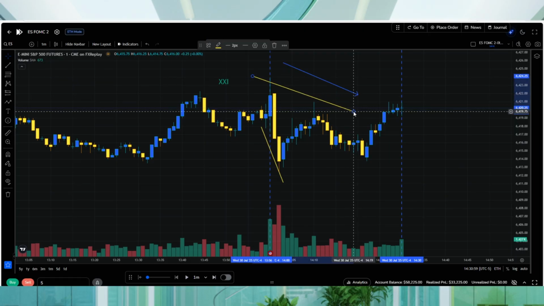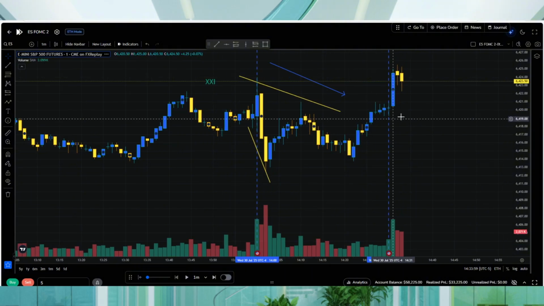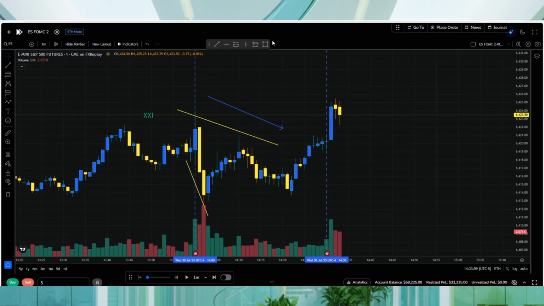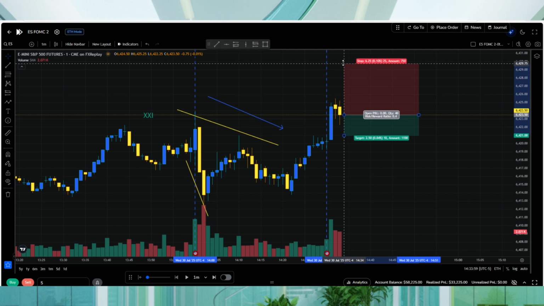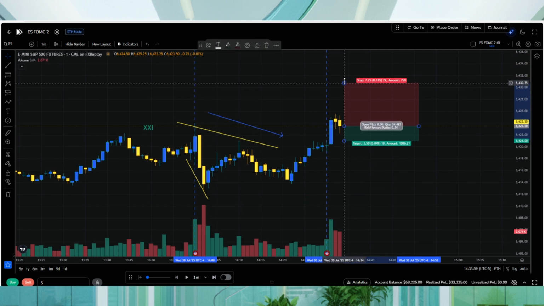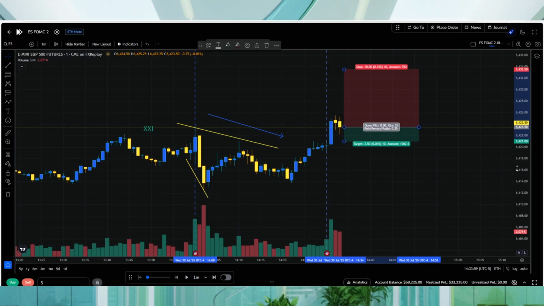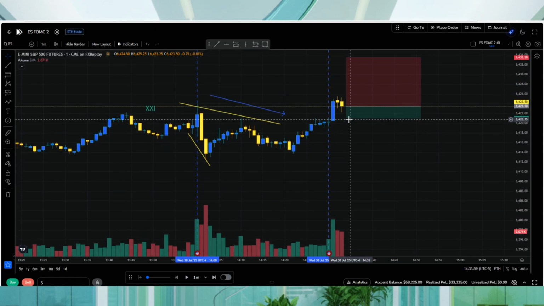These lower highs being printed give me evidence to take shorts. So I'll be taking shorts here. July 30th, yeah. So it's today.